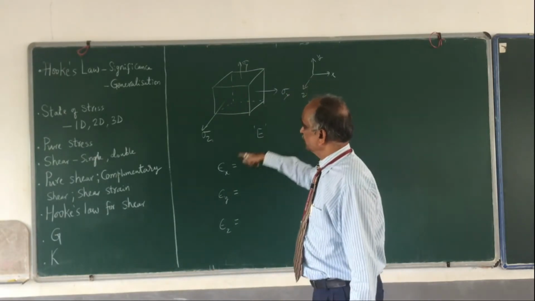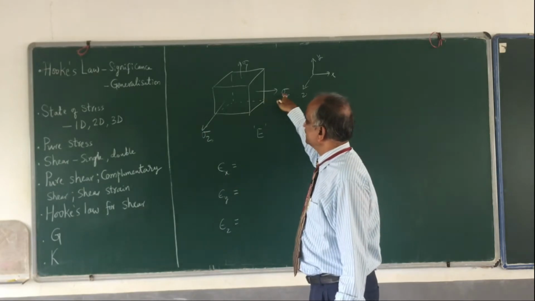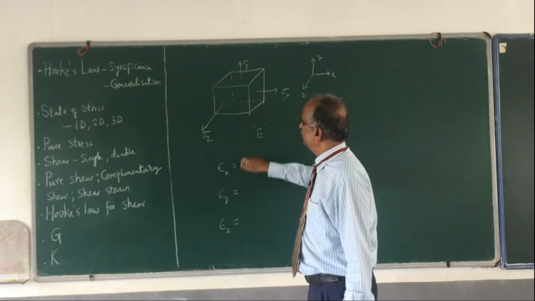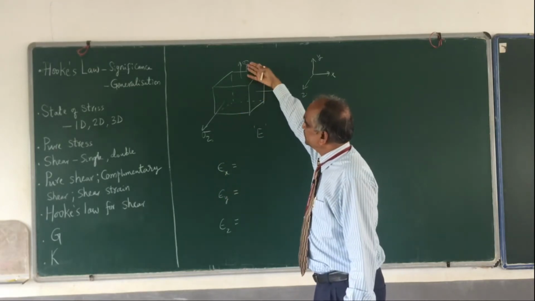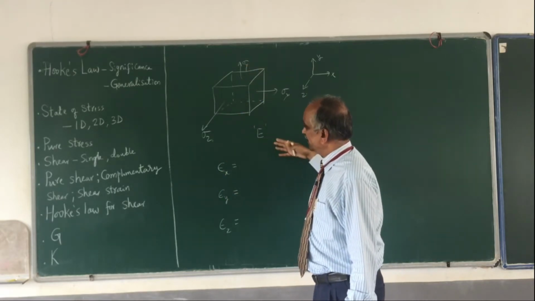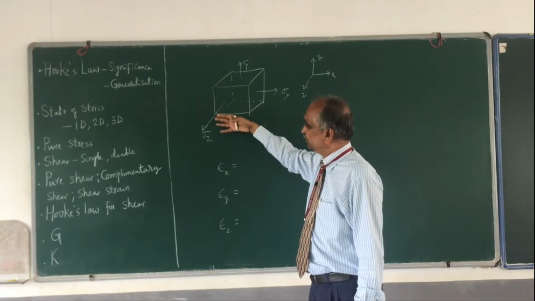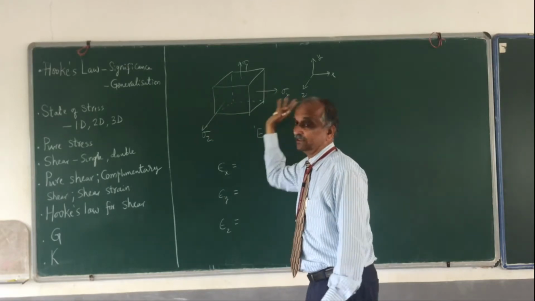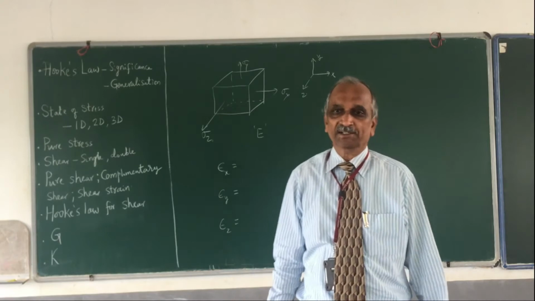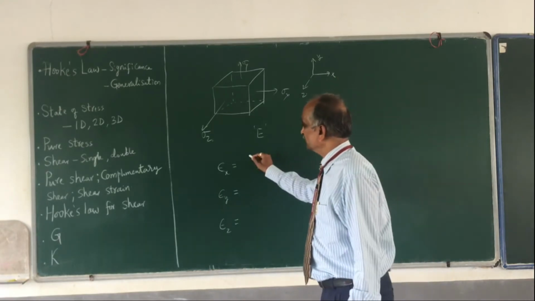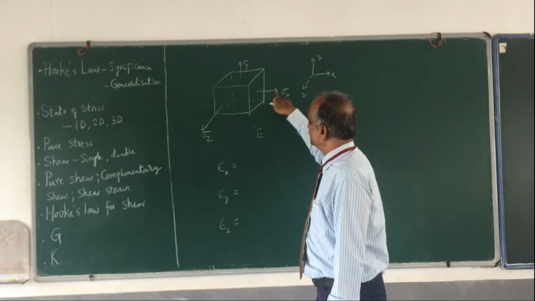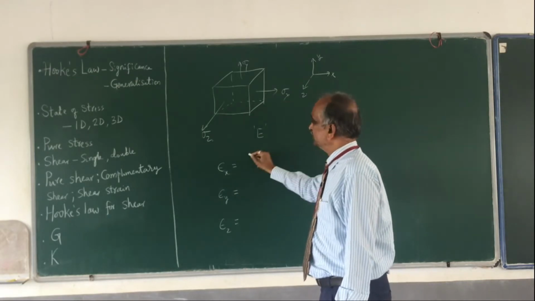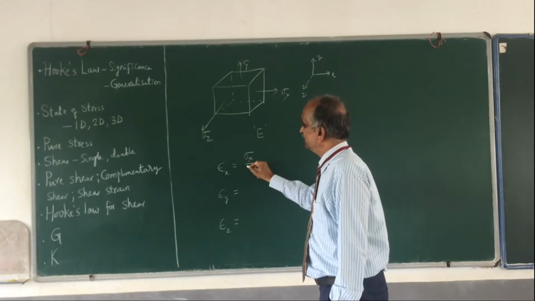The strain due to sigma x is the longitudinal strain, and the strain due to sigma y is the lateral strain. The strain due to sigma z in the x direction is also lateral strain. Using Hooke's law, epsilon x due to sigma x is sigma x divided by E.